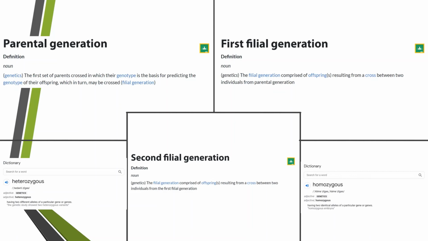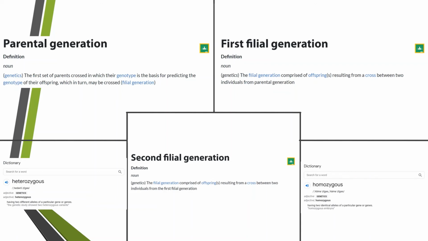Here are some more specific definitions for you to read, but the two I'm going to talk about with you are heterozygous and homozygous. Homozygous describes when the two alleles of the genotype are the same, so they are either both capital letters or both lowercase letters.